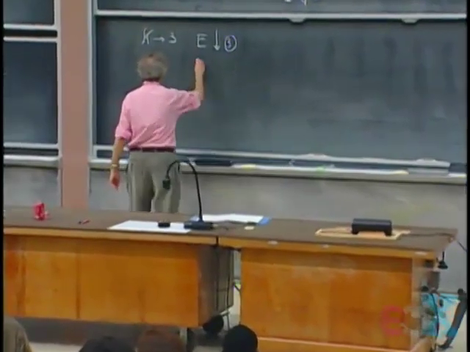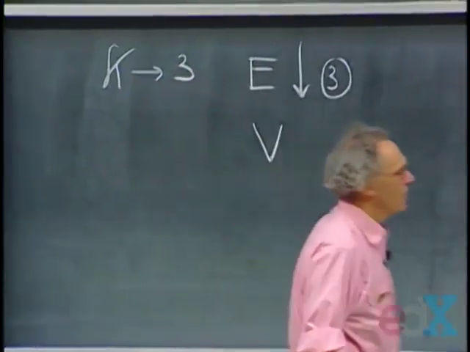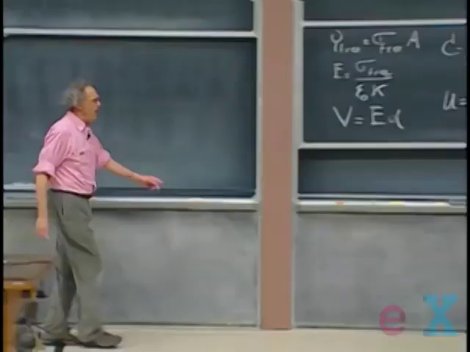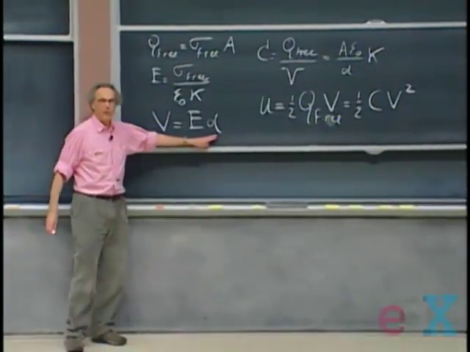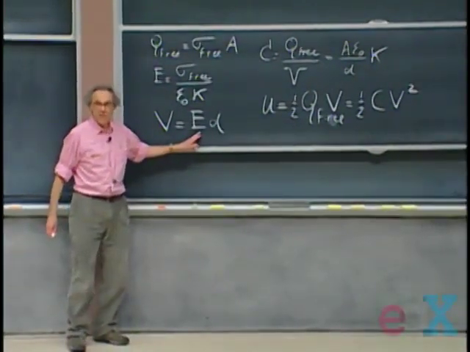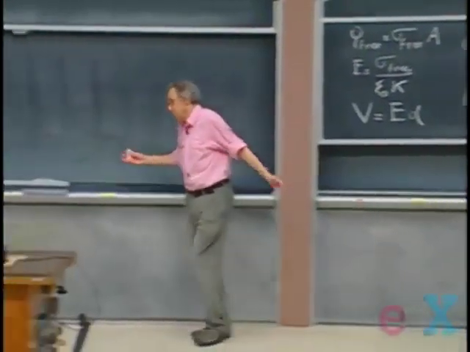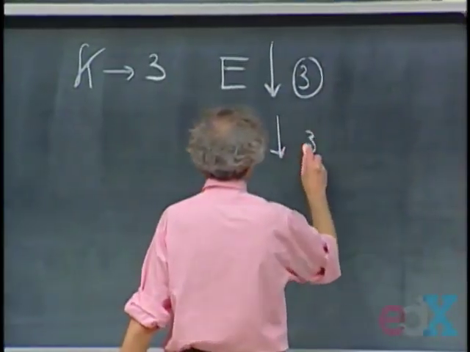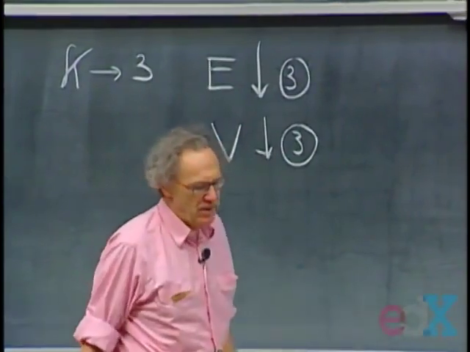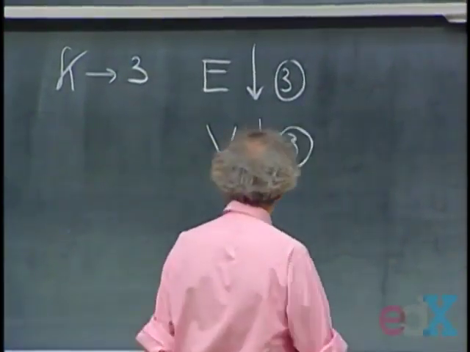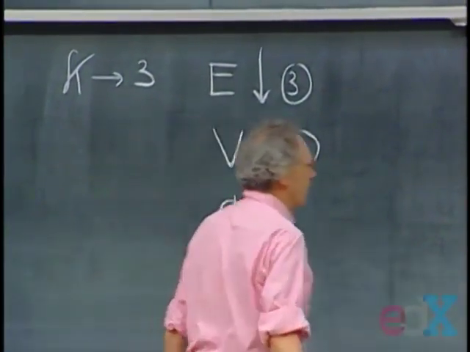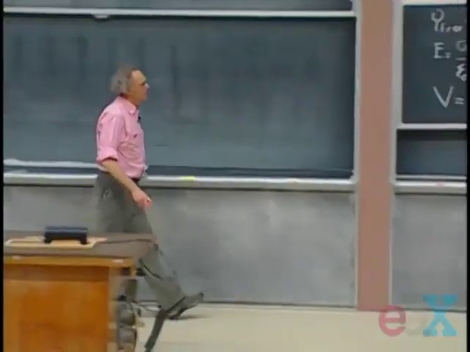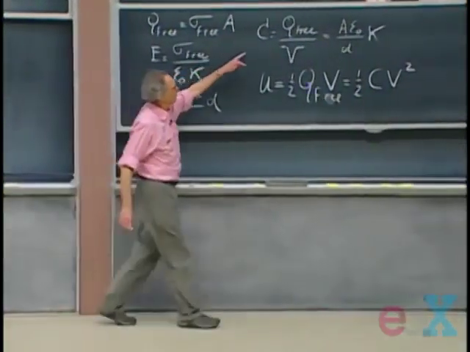What happened with the potential difference over the plates? Well, D wasn't changing, remember, we kept D constant now. So if E goes down by a factor of 3, V must go down by a factor of 3. What happens with the capacitance C? Well, the capacitance is free charge divided by the potential difference.